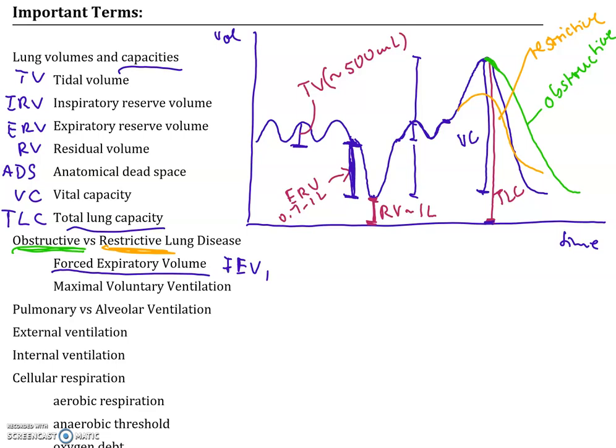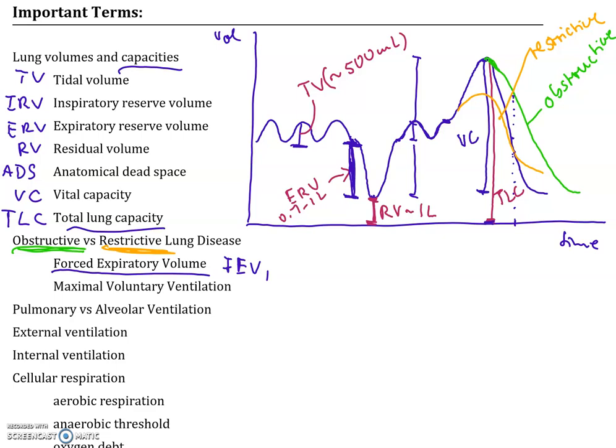So you can see here, let's say this is 1 second, then you can see a normal person is almost done with their vital capacity breath, versus somebody with obstructive disease has only breathed out from the top to where the dotted line is now. So obstructive lung disease, again, is characterized by obstruction to the airways that makes it take longer for you to breathe out a vital capacity or any breath, basically.